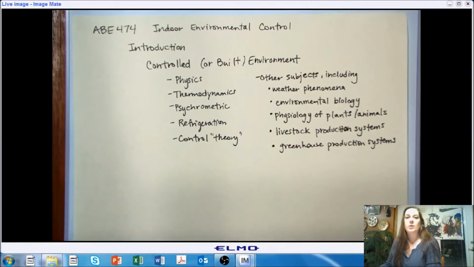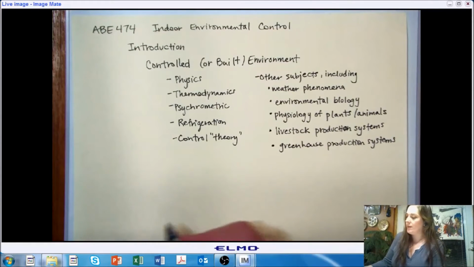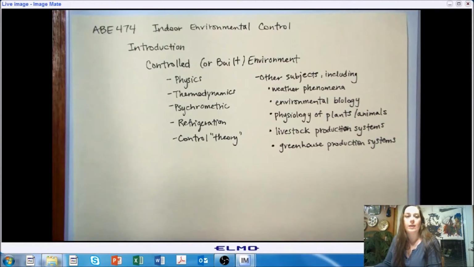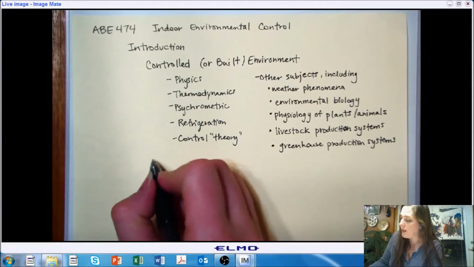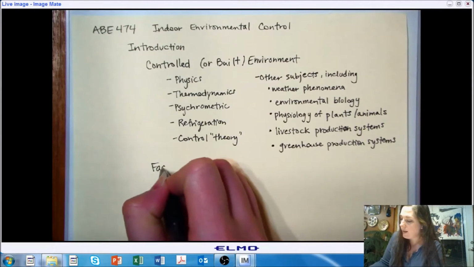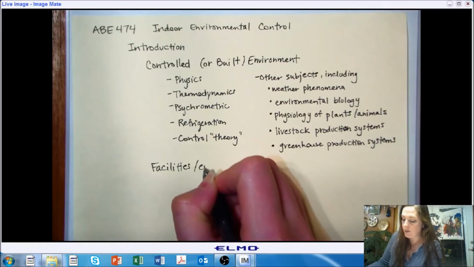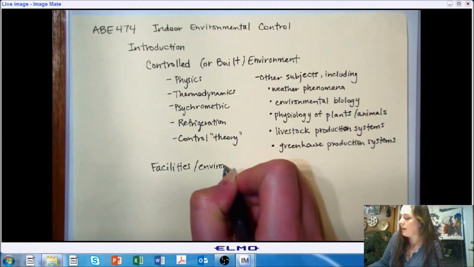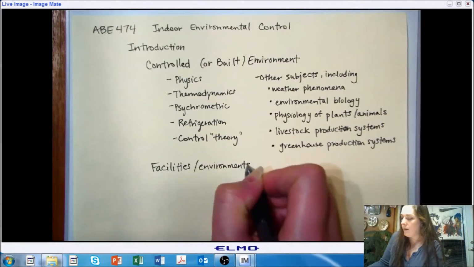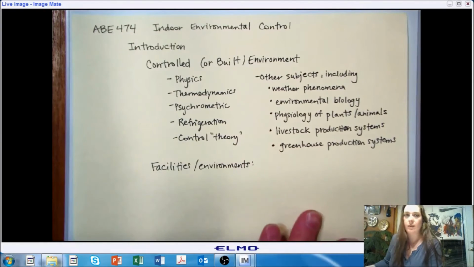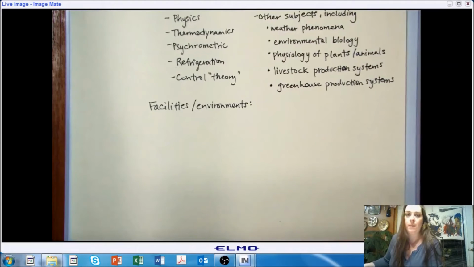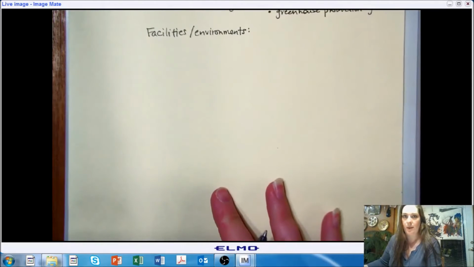With respect to the type of facilities that we might be considering that we would want to control the environment within, I like to break those down into two categories. So facilities or environments that we're going to work within. I typically break them down into human or non-human applications.